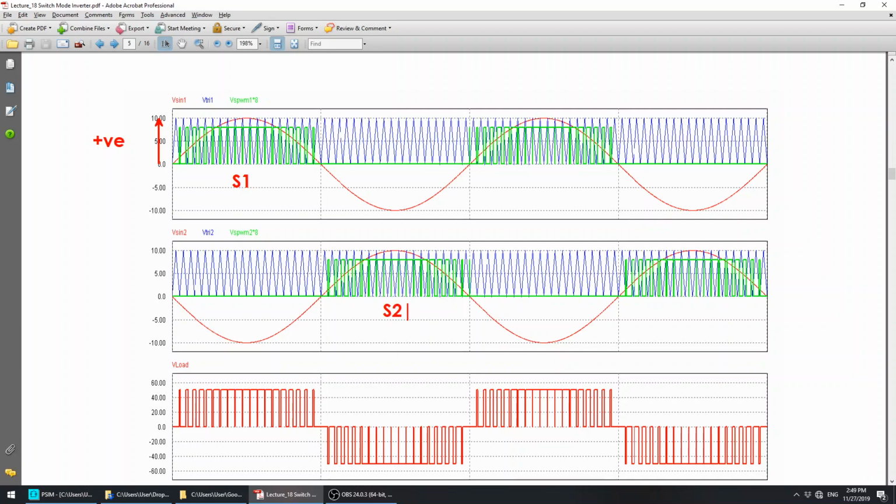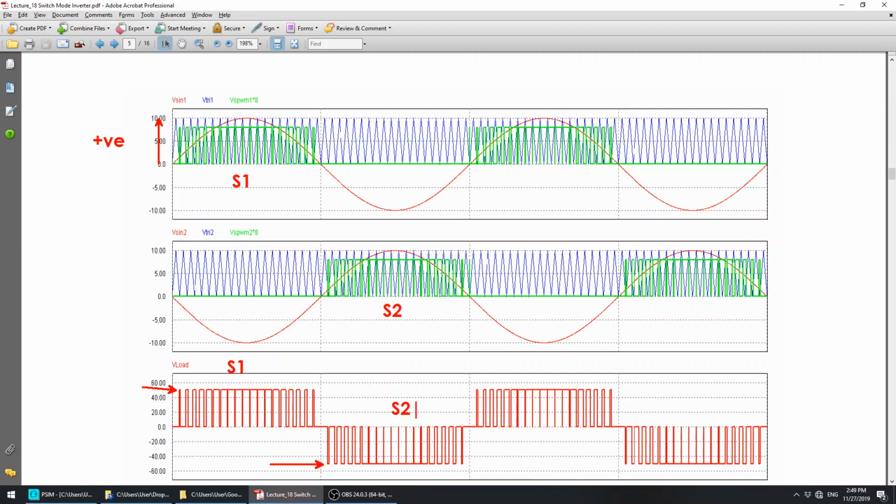And then the circuit operation is the same. Whenever switch 1 is on, your output will be connected to the positive voltage. It is a half bridge, therefore the amplitude will be half of the supply voltage. Whenever S2 is on, it will be connected to the negative voltage. So this is when S1 is on, and whenever S2 is on, you have a negative voltage.